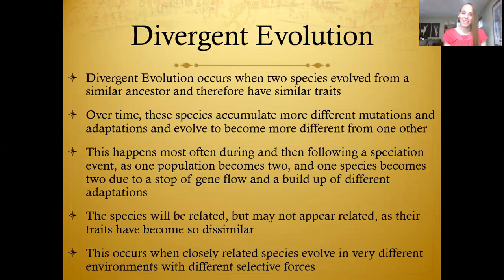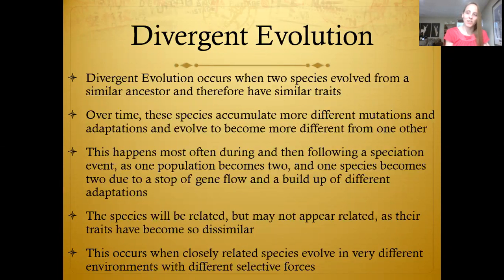The opposite of that is divergent evolution, where you have two closely related species that have a similar ancestor, but over time they evolve to be very different from one another. So they are diverging away from one another. This usually happens following a speciation event when you no longer have gene flow between the species, and so they accumulate different adaptations over time.